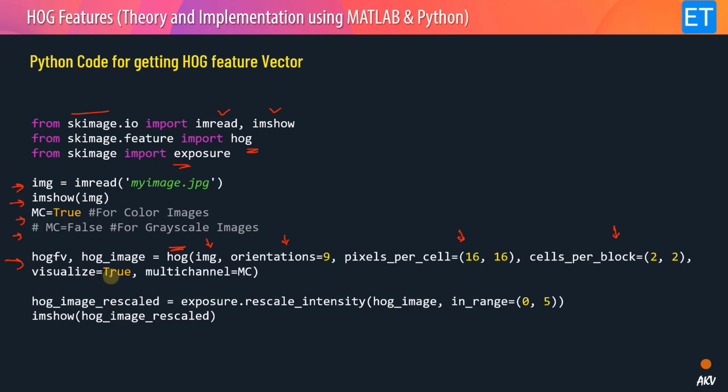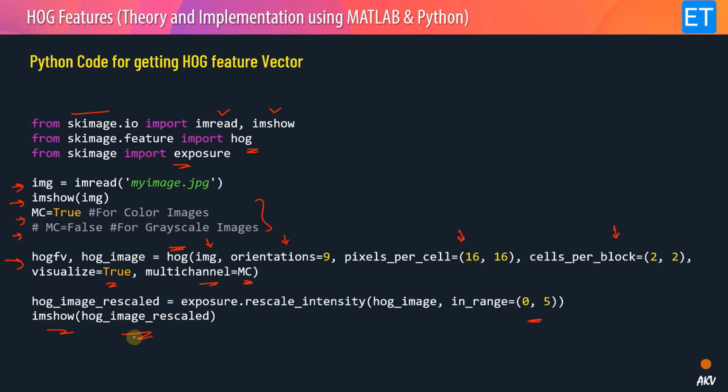And then visualize true, since I have to visualize the HOG features, so I am making it true, and multi-channel is equal to your variable MC, which you have defined here. So for color images it is true, and for grayscale images it is false. Actually here I am setting the exposure value so that you can visualize those HOG features well, in the range 0 to 5. And then I'm using this imshow to show those HOG features.